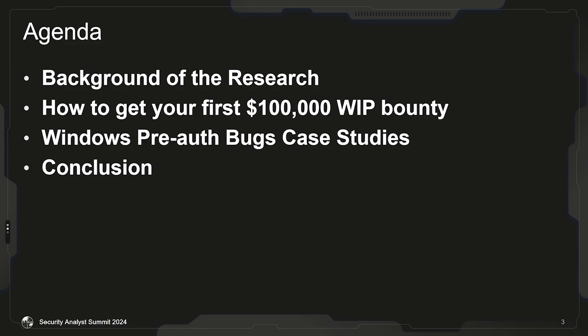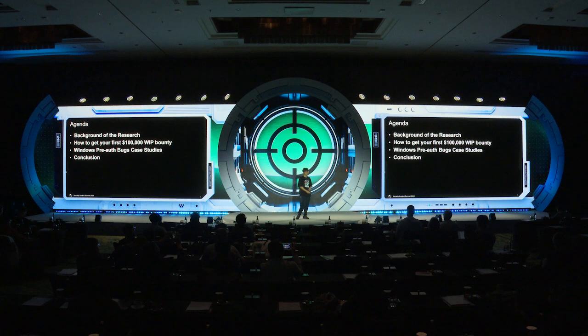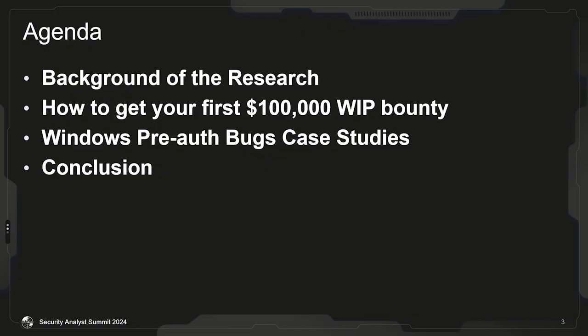We will first have a brief introduction about the background of the research, and then we will introduce the steps and some tips if you want to try the Bounty program as a beginner. And next, we will have some example bugs we found during our research and a conclusion at last.